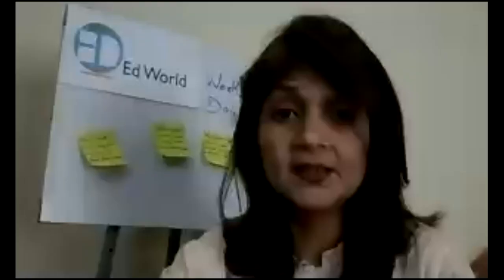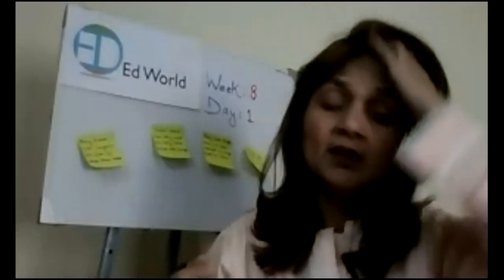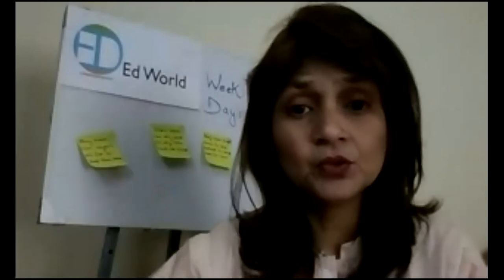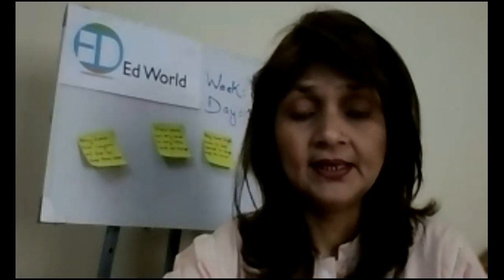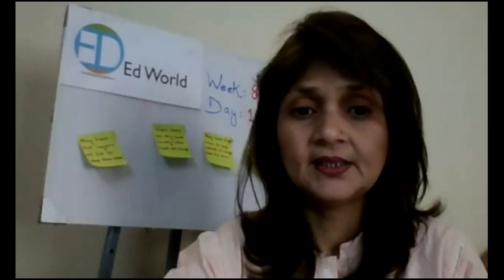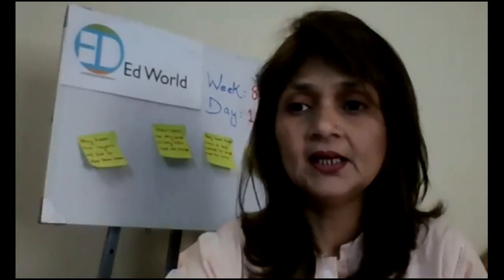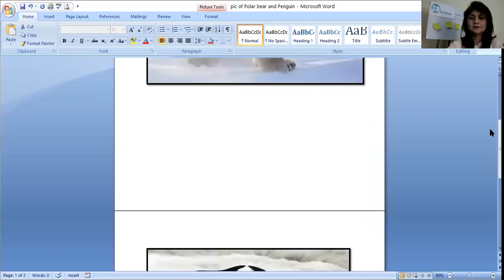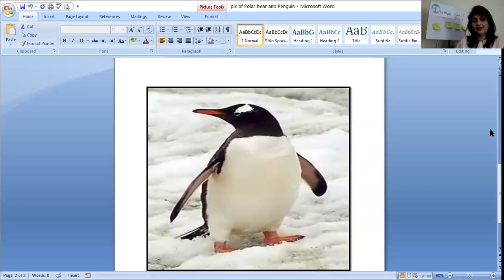So this was the main thing about the polar bear. And same goes for another animal. Which animal is that? Let's see. The other animal is a penguin, right? Same goes for penguin. They also have two layers of fur which help protect them and keep them warm.